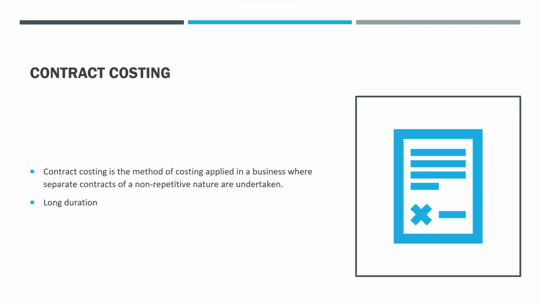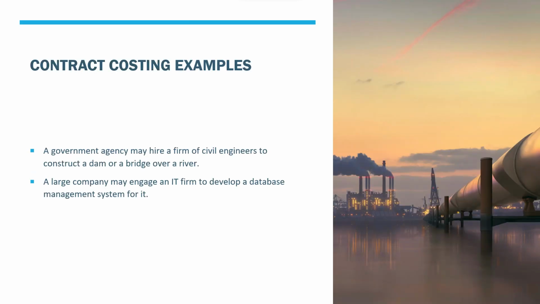Contract costing is the method of costing applied in a business where separate contracts of a non-repetitive nature are undertaken. Contract costing generally applies to large contracts where the duration of completing the task may be much longer when compared with job order costing. For example, a government agency may hire a firm of civil engineers to construct a dam or a bridge over a river.